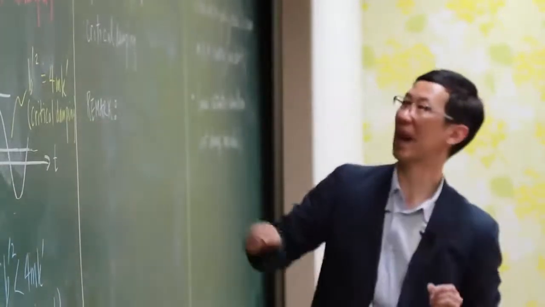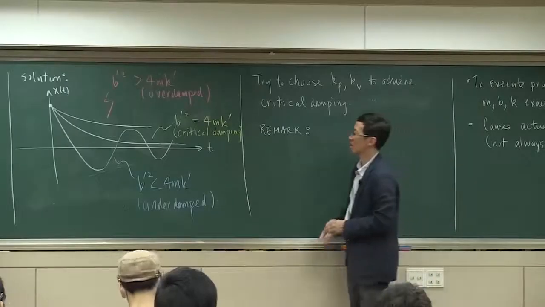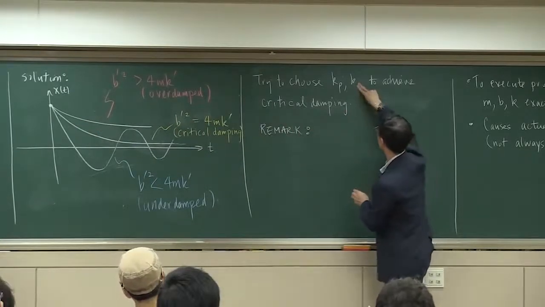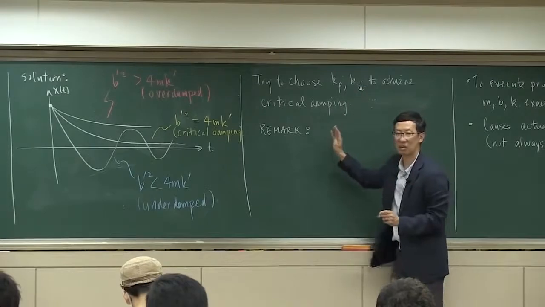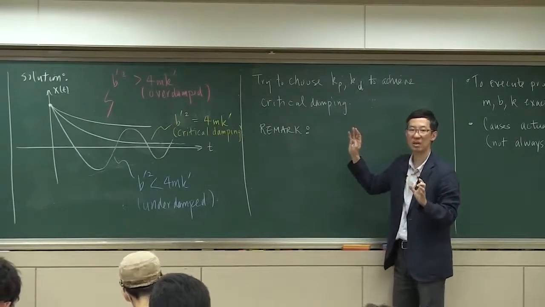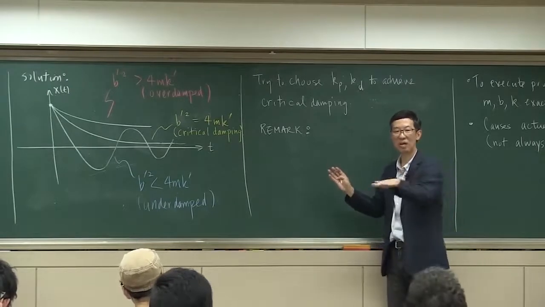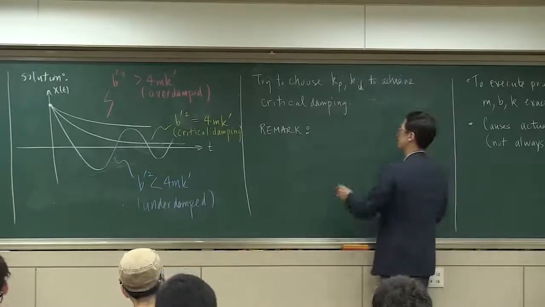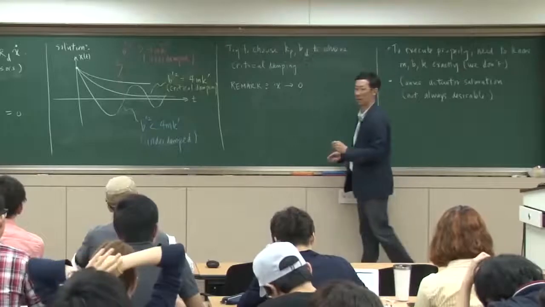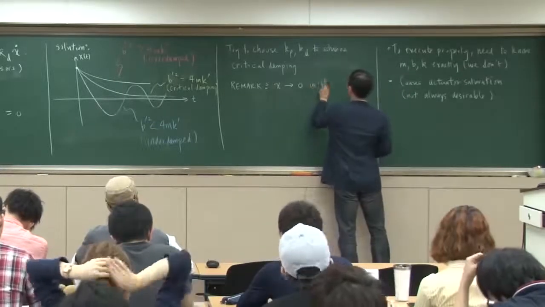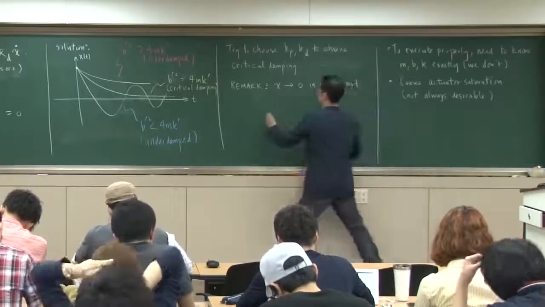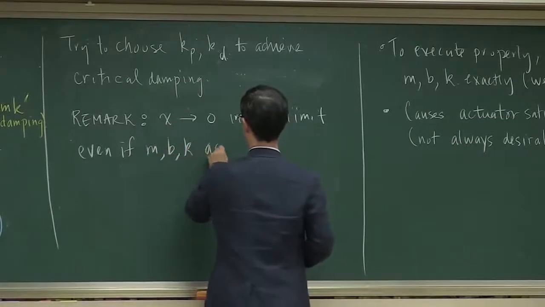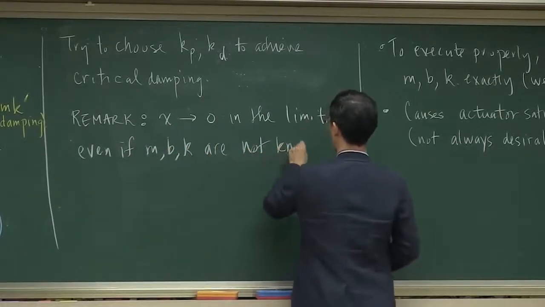So even if you do a bad job of choosing Kp and Kd, just using this control law will guarantee that you will get to x equals 0, even if you don't know the values of M, B, and K exactly.